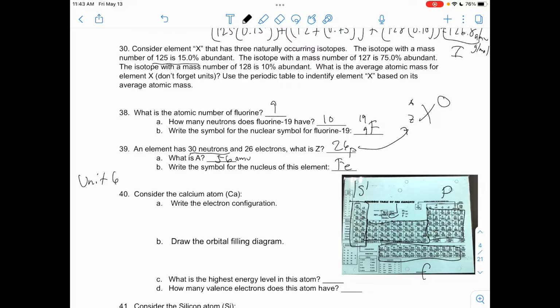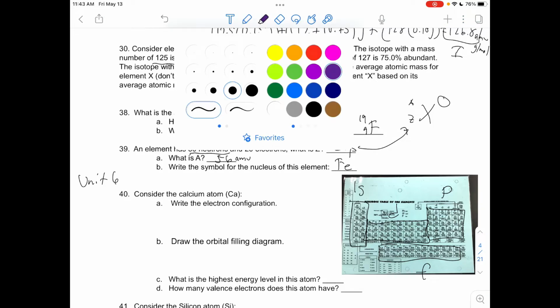The big number is which row, which period it's in, and the small number is which column it's in. And so for calcium, I have to fill up everything up until calcium, because calcium is basically everything up until that point plus one more proton and one more electron. And so I'm going to fill up rows as we go. I'm going to fill them up with a highlighter.